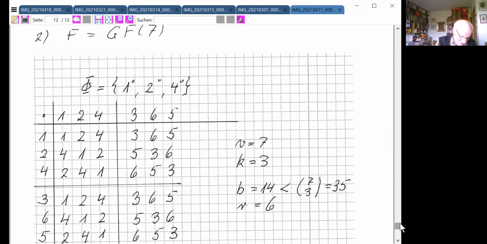Now, much more substantial is the example which we considered. We start with a Galois field of 7 elements and use as a fixed point free group of automorphisms the cyclic subgroup of order 3, a cyclic subgroup of the multiplicative group of the Galois field with 7 elements, and we know we have these 2 basic blocks, 1, 2, 4 and 3, 6, 5.